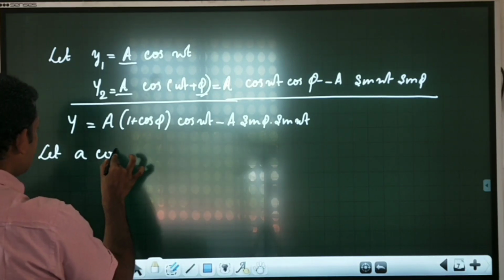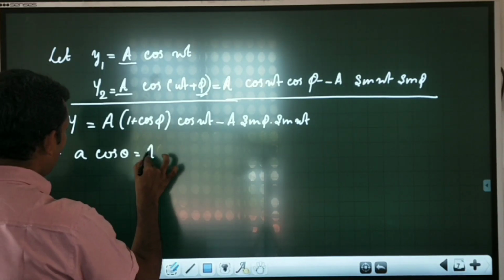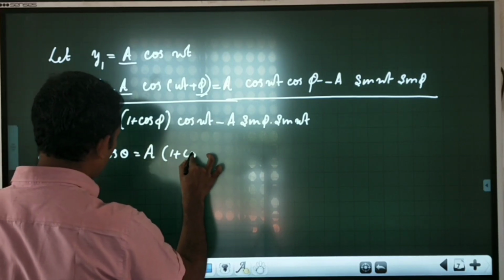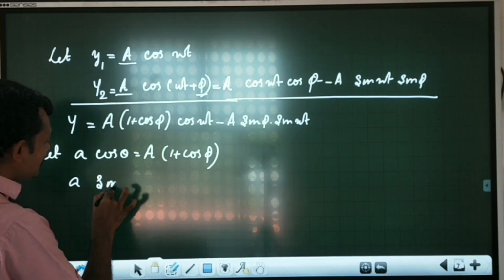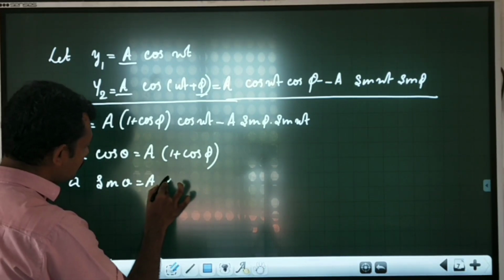Let small a cos theta be equal to capital A into 1 plus cos phi, and small a sin theta be equal to capital A sin phi.